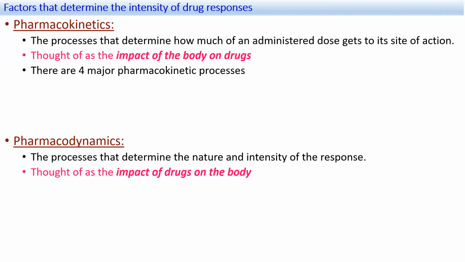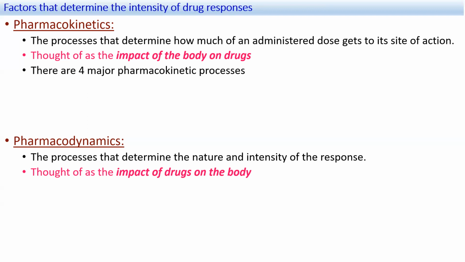But most of the drugs will elicit the effect or the response based on the drug receptor interaction. So think of this as an impact of drug on the body.